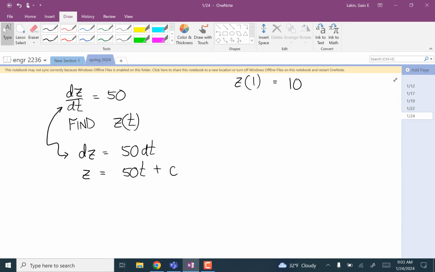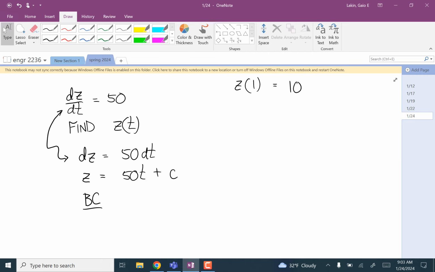Okay. So now you can find c. The boundary condition says 10 is equal to 50 times 1 plus c. So c is equal to negative 40.